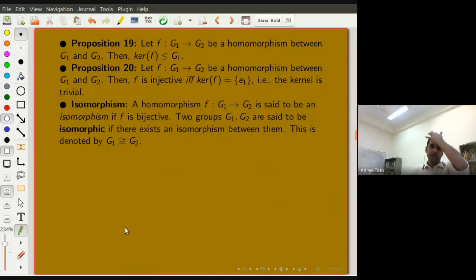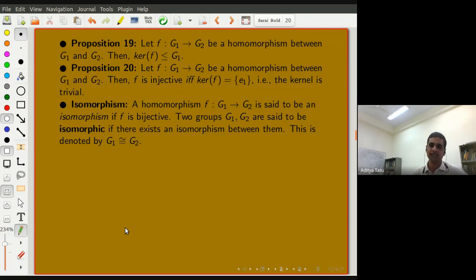Right. Now, so we have seen properties of a one-to-one homomorphism. Now let us also impose the condition that apart from being one-to-one, what happens if we get a homomorphism which is also onto? Which means we are looking at homomorphisms which are both one-to-one and onto, or in other words, bijective.